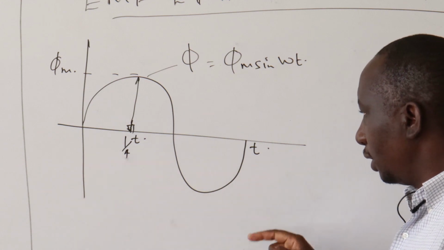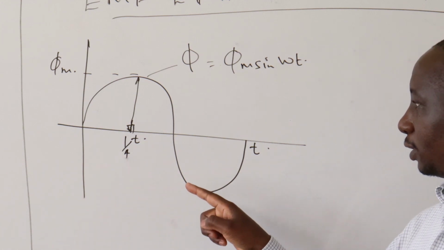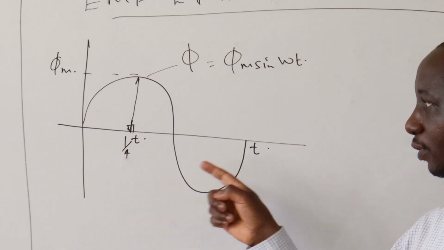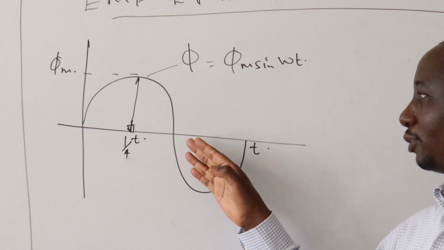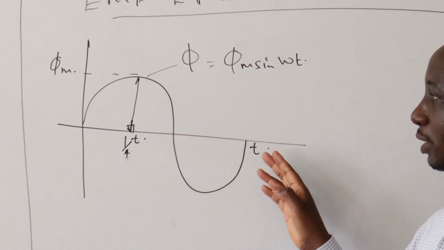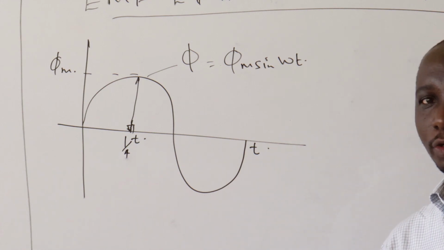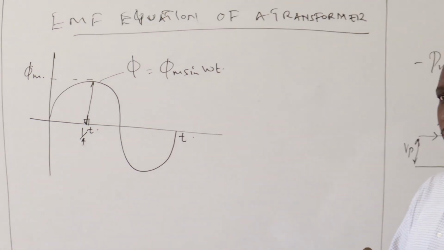When you look at the sine wave itself, at a quarter cycle, you shall have 4 repetitions. That means the average is taken at a quarter cycle, because we have 4 sections of quarter cycles that make the complete cycle. The flux is represented in terms of a sine wave, with a maximum displacement.